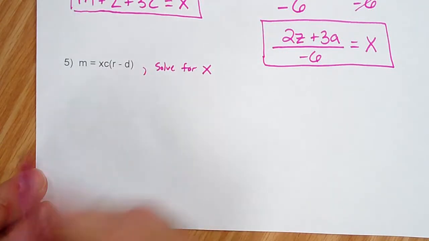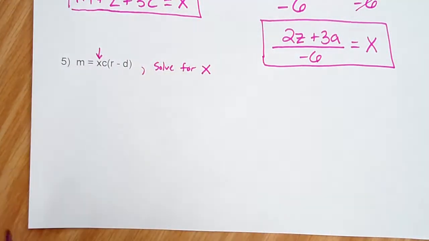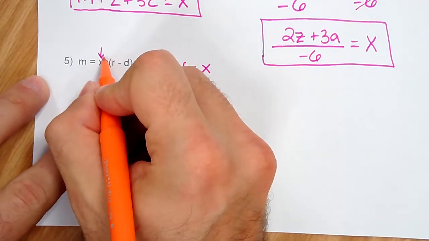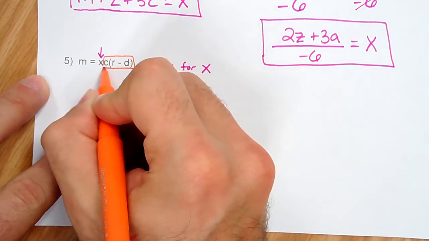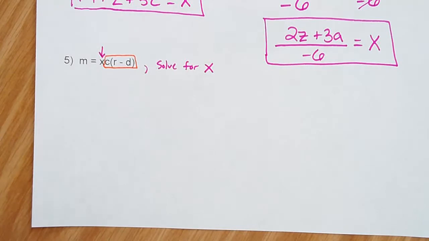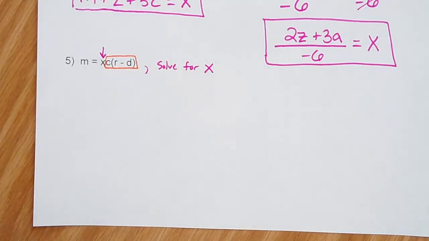I want x by itself. And what is happening is x is being multiplied. All of this is multiplication. So what we can actually do is divide by that whole chunk all in one step.